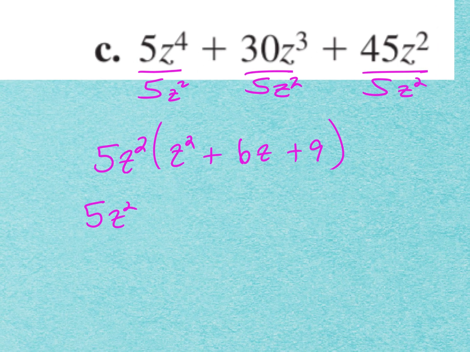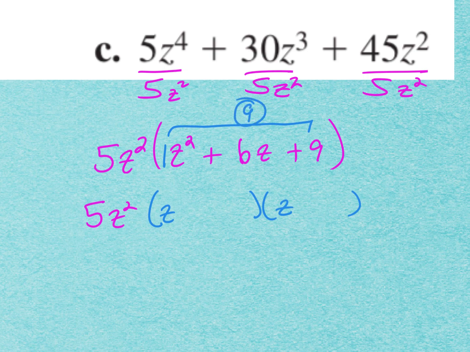Okay, good. All right, we have to completely, fully factor, so we might be able to break this down a little more. Let's try. Do I have 2 terms? So this could be like the difference of perfect squares or anything like that? No. I have 3 terms. If I have 3 terms, what do I try to break this trinomial into? 2 binomials. What would go in the front of each parenthesis? A z. Okay, we're going to take a, your first term in front of z squared, times c, the last one. 1 times 9.